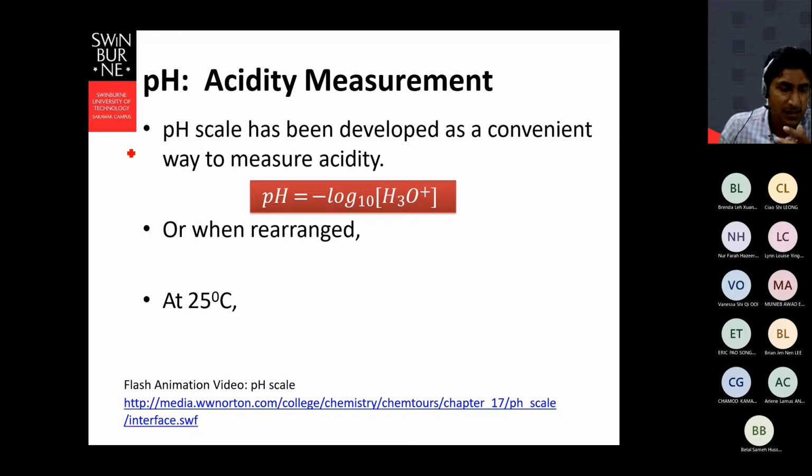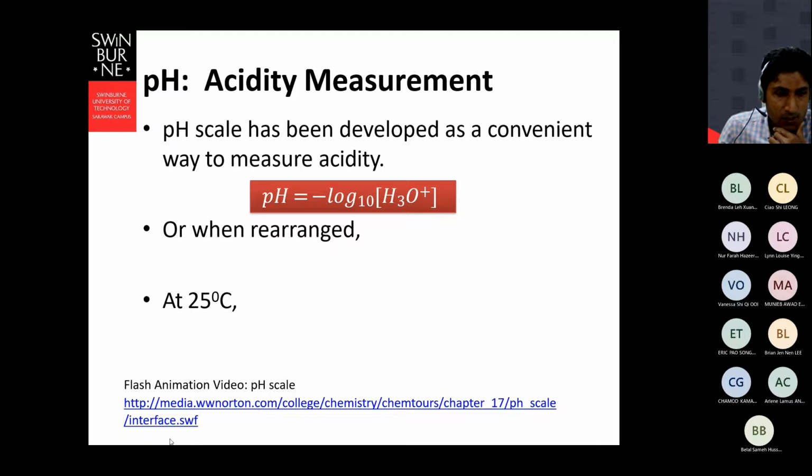pH, what is the pH? Since we know the concentration of hydroxyl and hydronium ion, pH is the negative logarithmic value of the hydronium ion. All right, pH is the negative logarithmic value of hydronium ion.